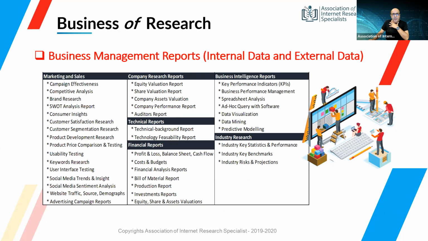One is what is collected internally, and then there is a portion which is externally collected. Since we are not going to open up each of these reports to see what is involved, I'll give you just a general idea of what could be internal and what could be externally collected.